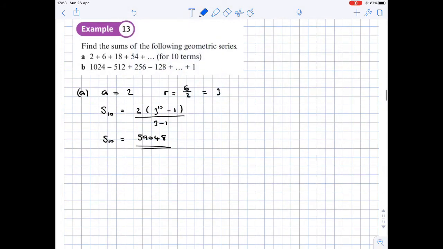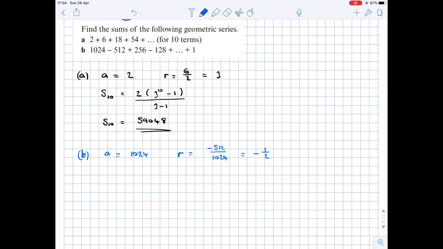Moving on to part B. In part B, a is equal to 1024, and the common ratio is negative 512 divided by 1024, which gives us a common ratio of -1/2. Now, in this one, we don't know how many terms there are, so we need to figure that out.